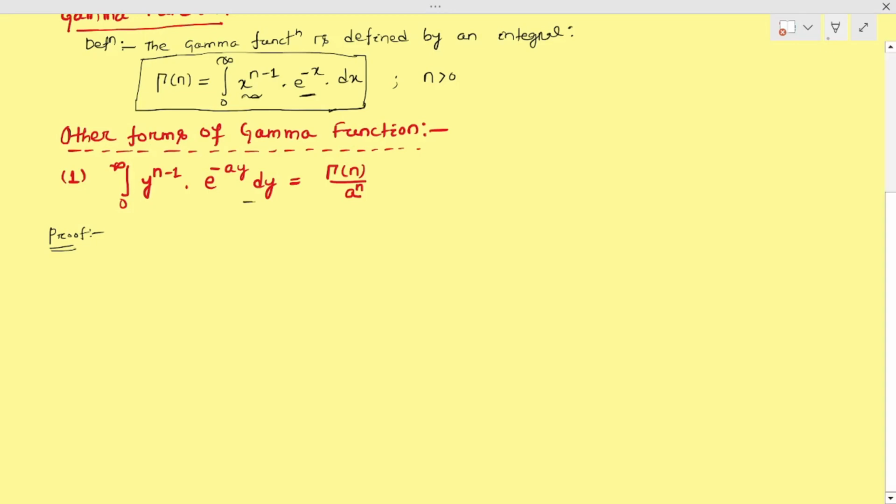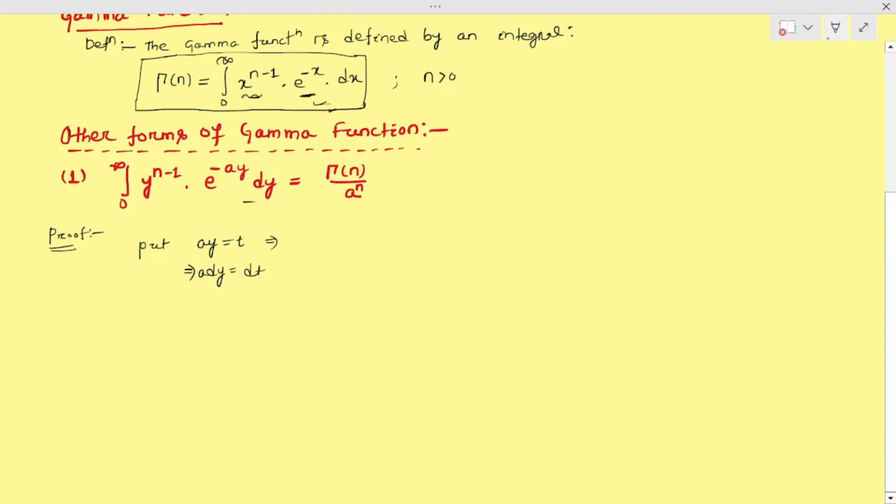To write the integral equivalent to this one, we have to put ay equal to t, that implies a dy equal to dt.